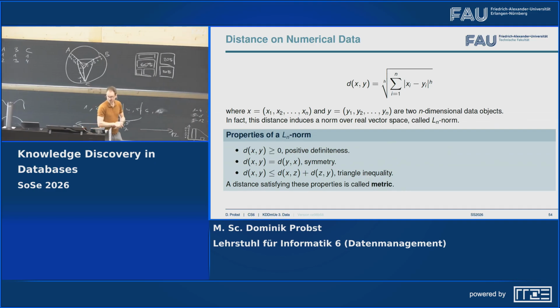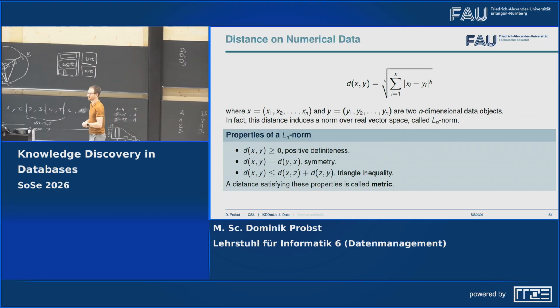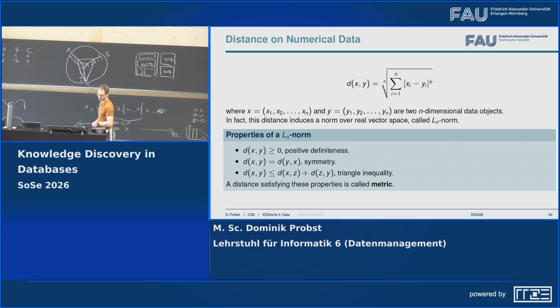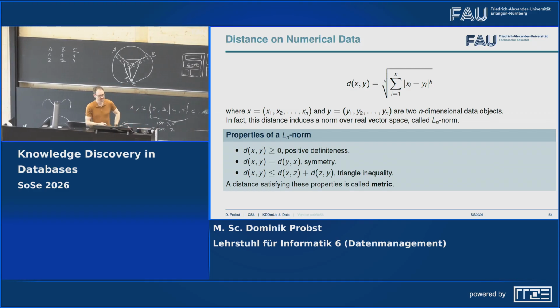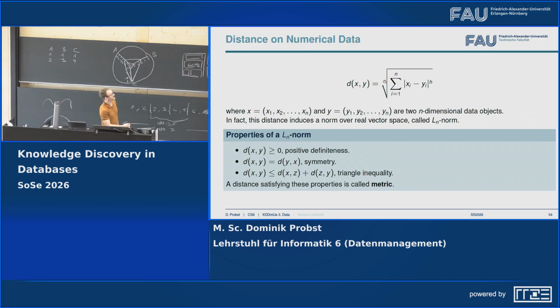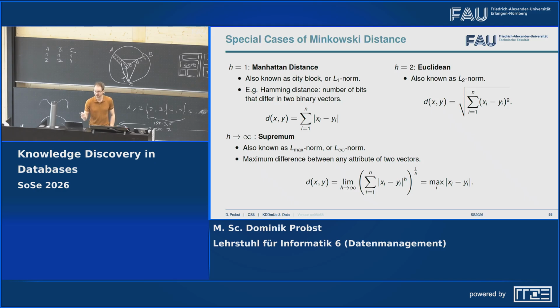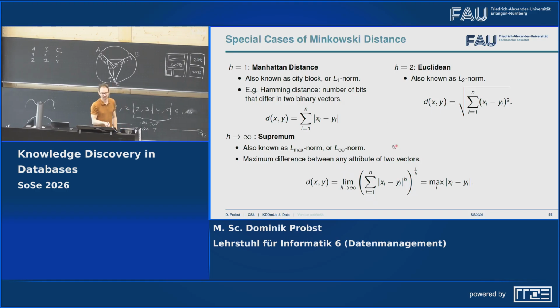Basically, distance on numerical data is most often done via this formula. This formula is the so-called LN norm, where we use a certain value h to define different distances. Let's first take a look at 2 specific h's. With h=1, we end up with the Manhattan distance.